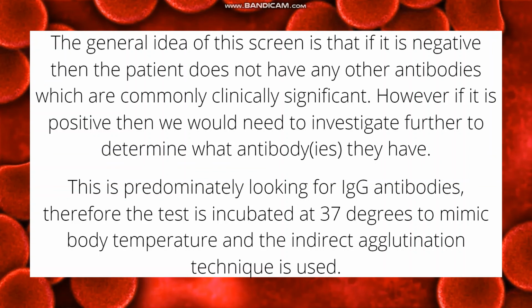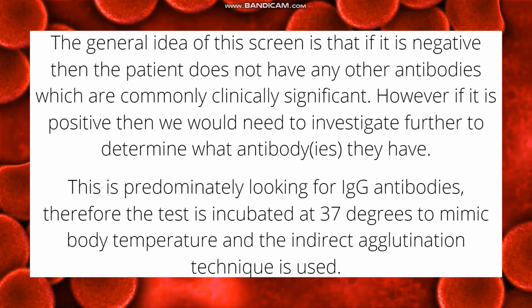The general idea of this screen is that if it is negative, then the patient doesn't have any other antibodies which are commonly clinically significant. However, if it's positive, then we will need to investigate further to determine what antibody or antibodies they have present. So this is then predominantly looking for IgG antibodies.